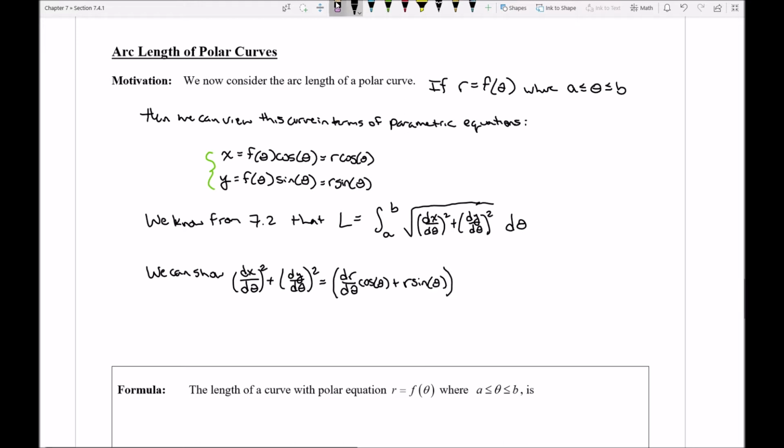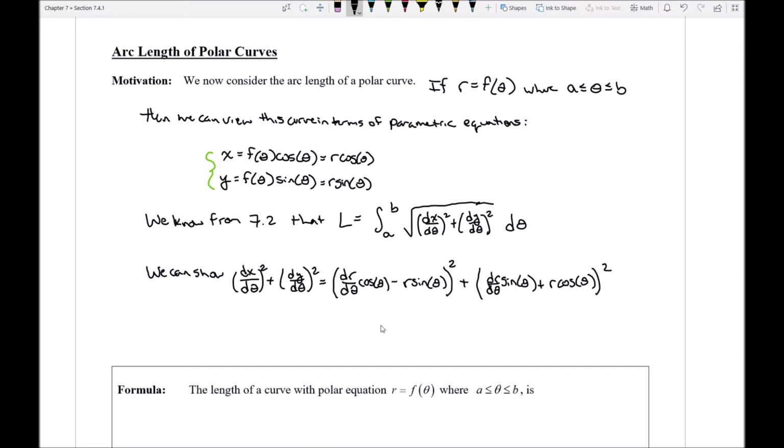But of course it's going to be a negative sign, and so I'd have to change this plus here to a subtraction. So this is squared, and then my dy d theta is going to be my dr d theta times the sine of theta plus r times the cosine of theta, and that's all squared. And oops, there shouldn't be an equal sign in between these, but this should be a plus. So again, what I'm doing here is just substituting in what my dx d theta and my dy d theta are, so I can understand what's going to appear underneath this radical.